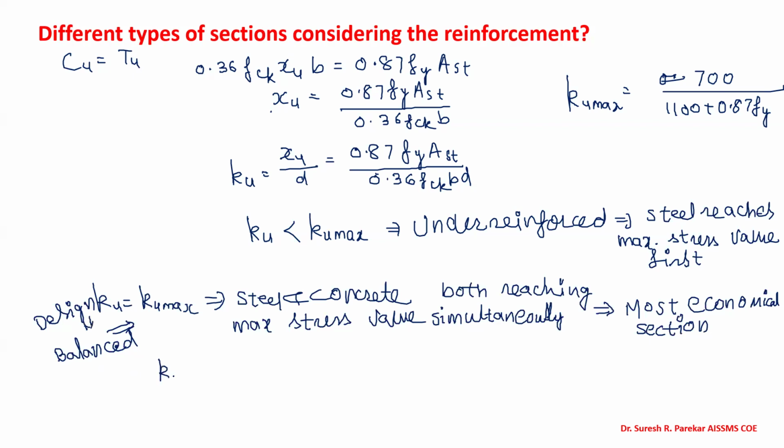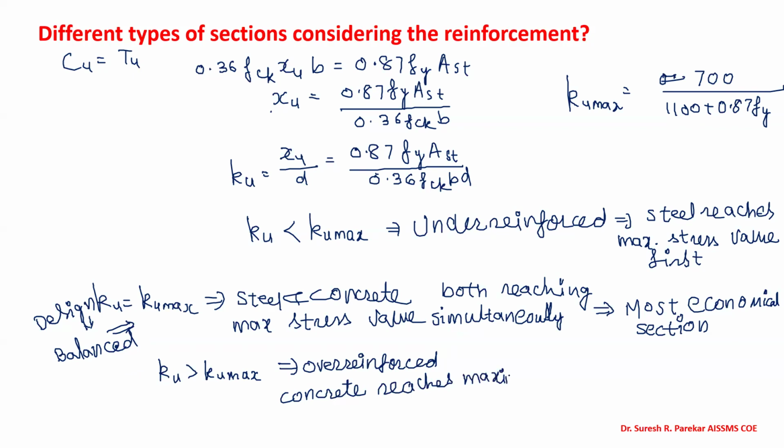And we always design a balanced section. Now, when Ku is greater than Ku max, the section is over reinforced and concrete reaches maximum value first. And due to this, what happened? Our concrete is a brittle material, and therefore in over reinforced concrete, failure is sudden.